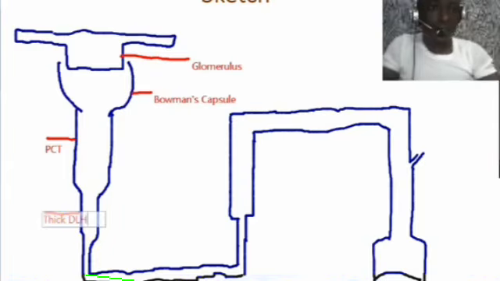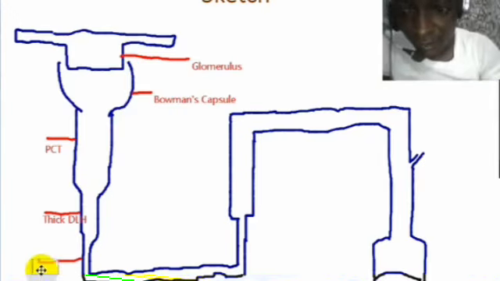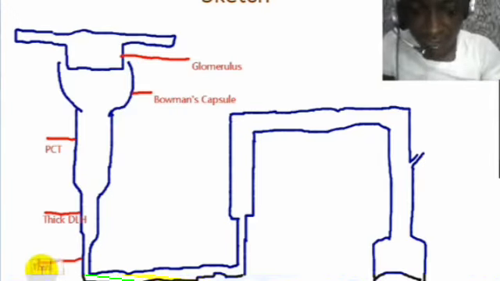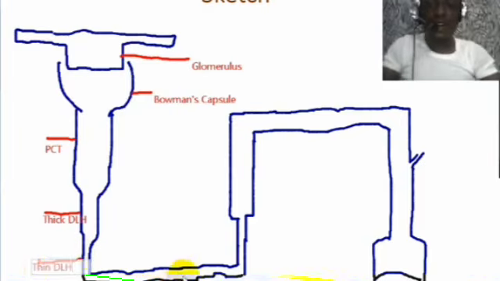And this part of the nephron is known as the thin descending loop of Henle. I hope you're following.